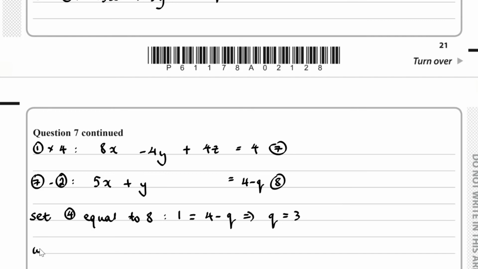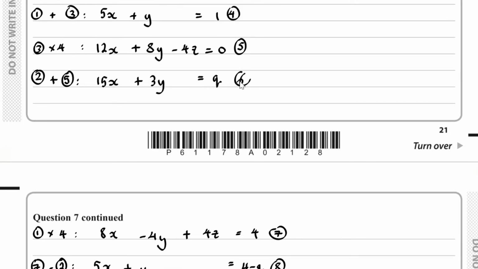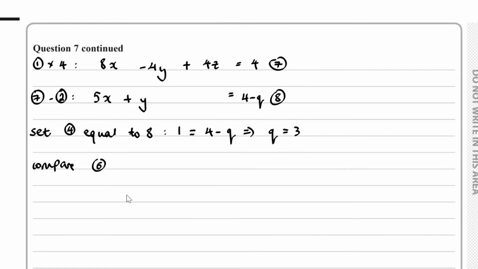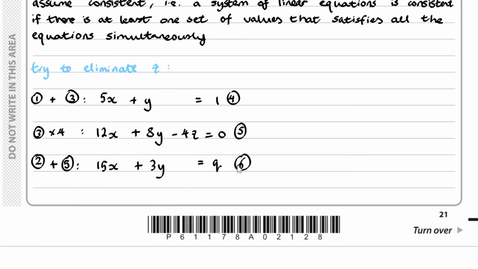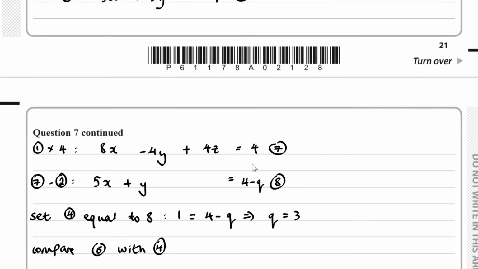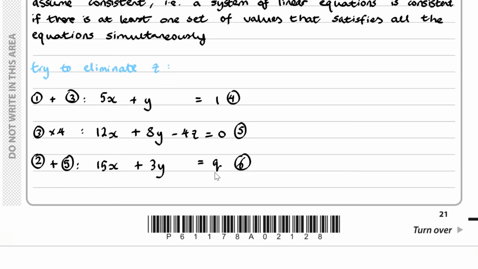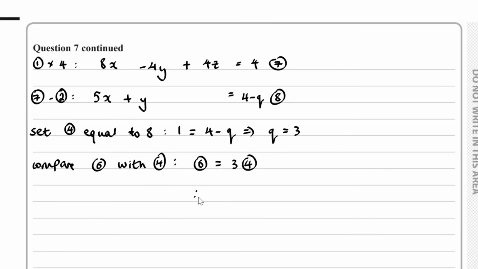And if we compare equation 6 with equation 4, you'd find equation 6 is equal to 3 times by 4, and therefore q is equal to 3.